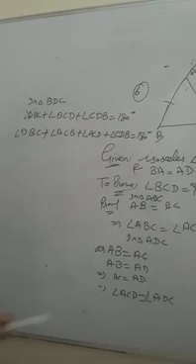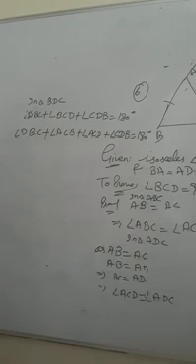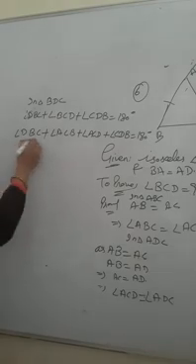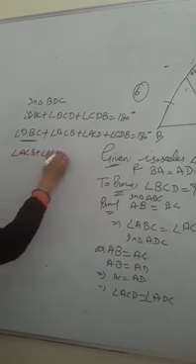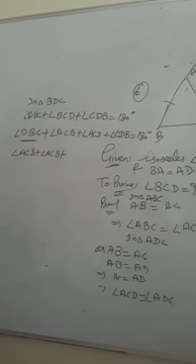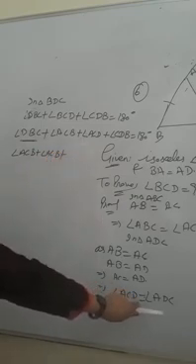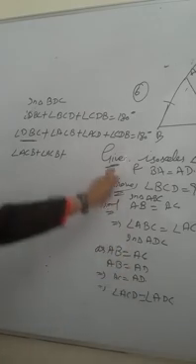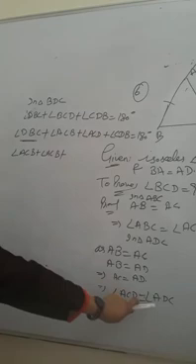Now from these equations, angle ABC is equal to angle ACB. ABC and DBC are both the same, so here we can write angle ACB plus angle ACB, and second, angle ACD is equal to angle CDB, that is, angle CDB is the same as angle CDA from here.